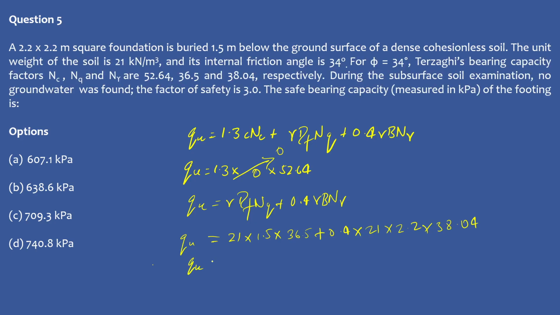Let's calculate the Q ultimate from this. So Q ultimate is none other than 1852.7292 kPa.